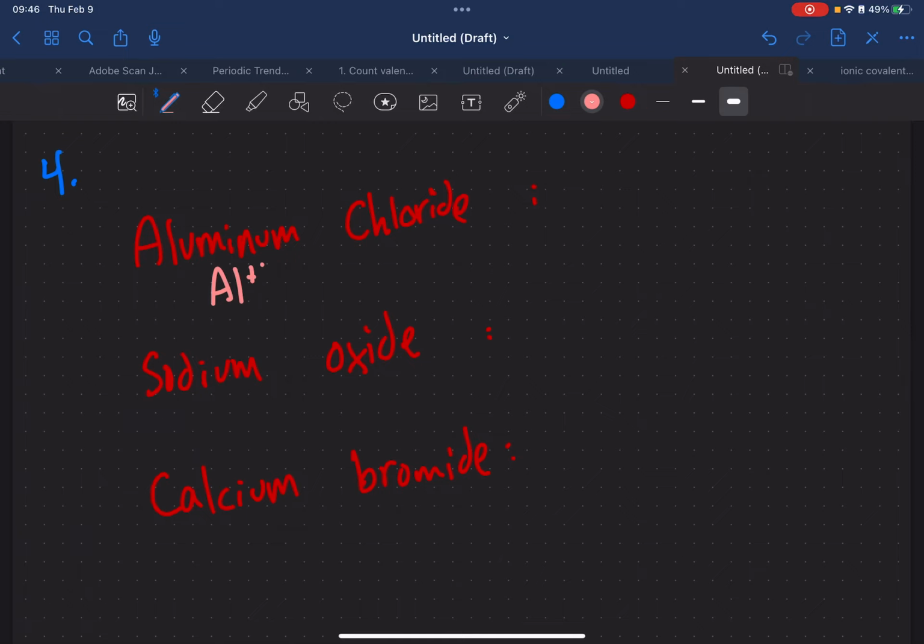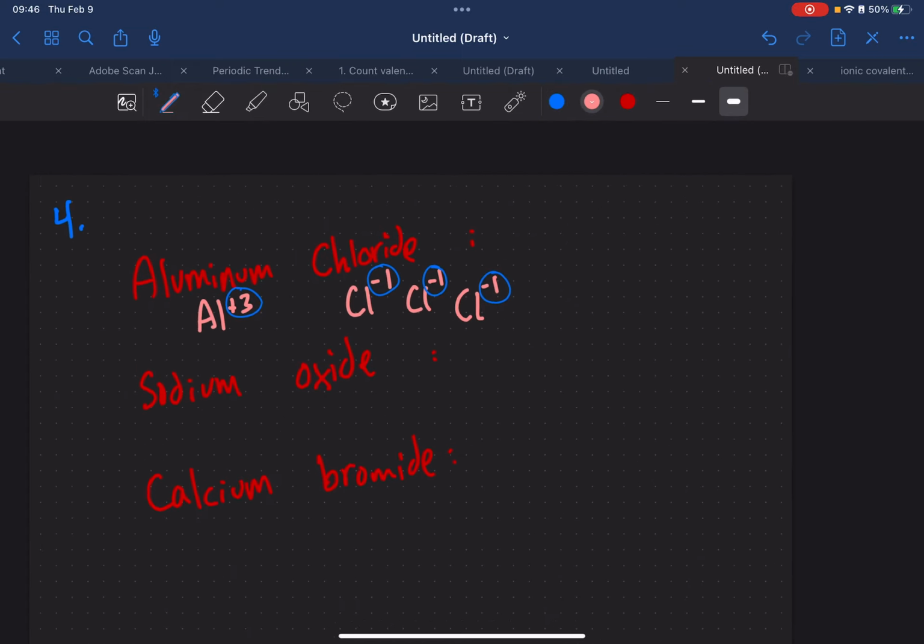All right, so aluminum has a +3 charge. Chloride has a -1 charge. And these, you're going to notice, do not cancel each other out. +3 and -1 do not cancel. So that means we need more than one of something, right? In this case, we need more than one chloride. Because if we have 3 chlorides, now all of these -1 charges combine to become a -3 charge, and the -3 charge balances out with that +3 charge.